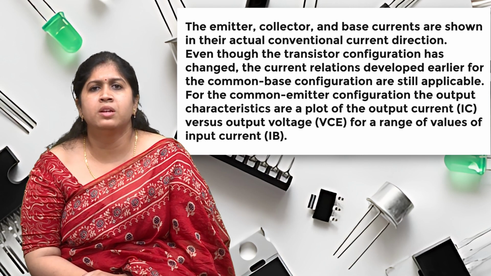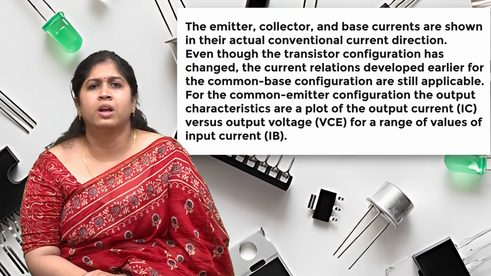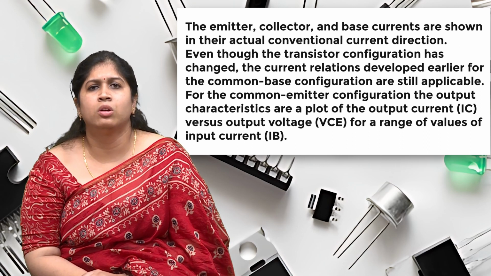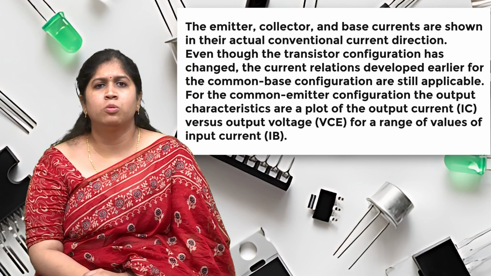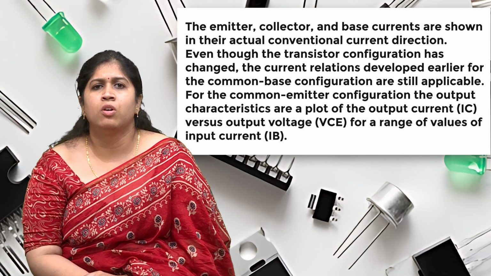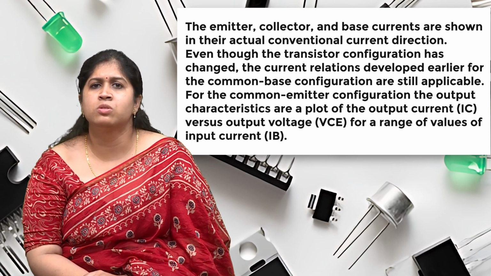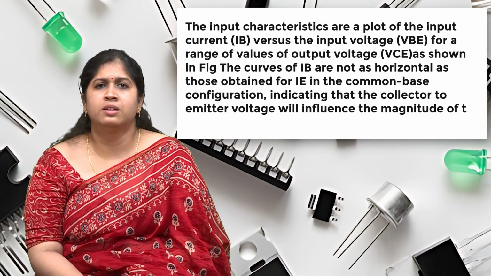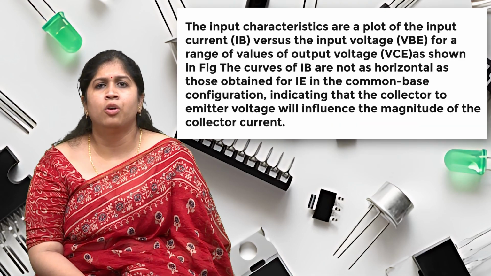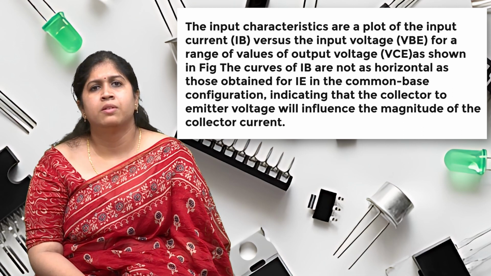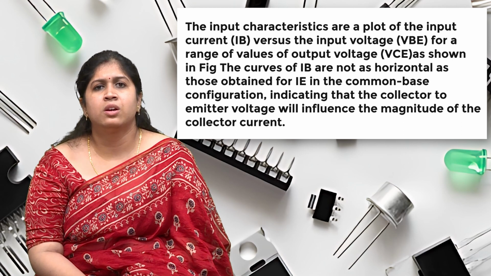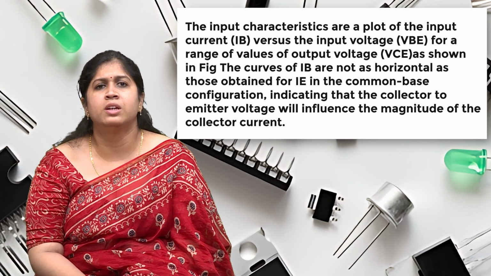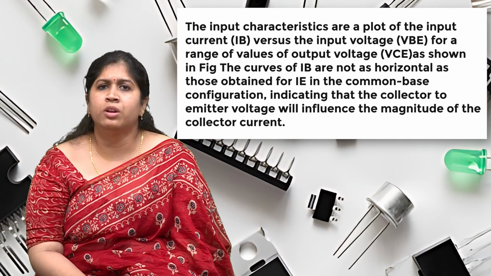For the common emitter configuration, the output characteristics are a plot of the output current IC versus output voltage VCE for a range of values of input current IB. The input characteristics are a plot of the input current IB versus the input voltage VBE for a range of values of output voltage VCE, as shown in the figure.